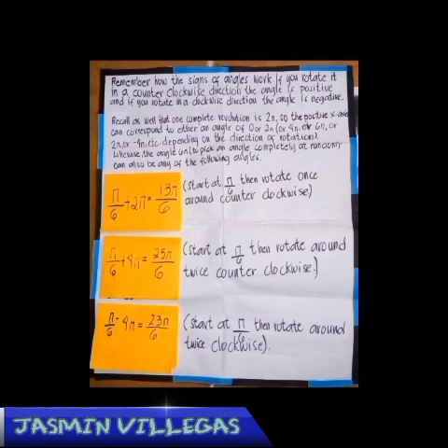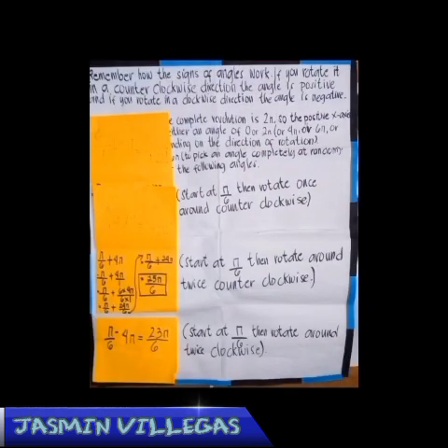Next, pi over 6 plus 4 pi is equal to 25 pi over 6. Verify that pi over 6 plus 4 pi is equal to 25 pi over 6. Pi over 6 plus 4 pi, then pi over 6 plus 4 pi over 1. Pi over 6 plus 6 times 4 pi over 6 times 1.